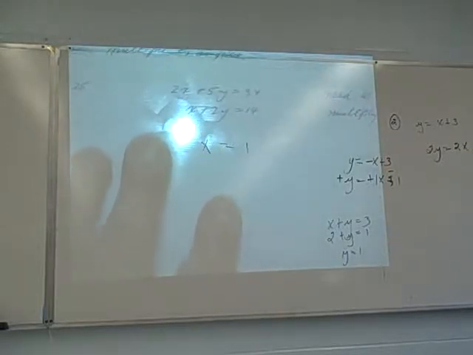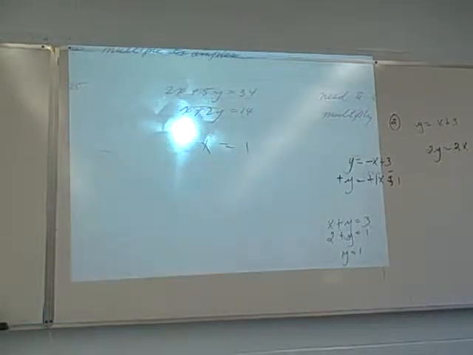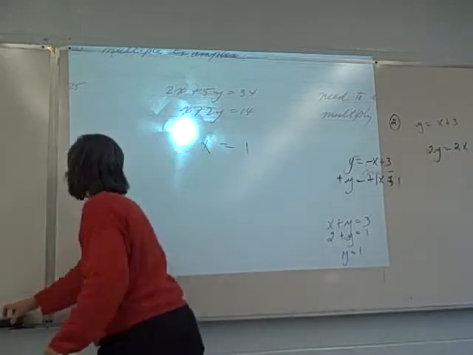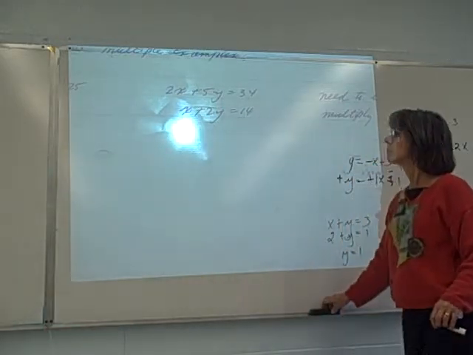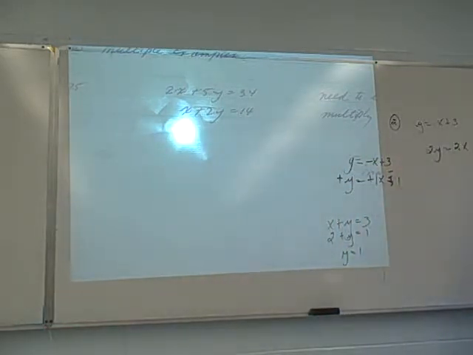Okay, how about this one? 2x plus 5y equals 34, and x plus 2y equals 14. Okay, why am I going to multiply the bottom one by a negative 2? So you can get rid of the x.